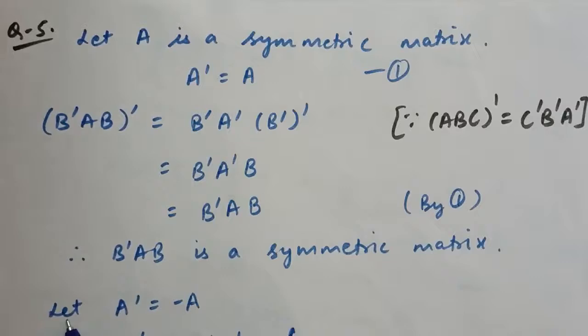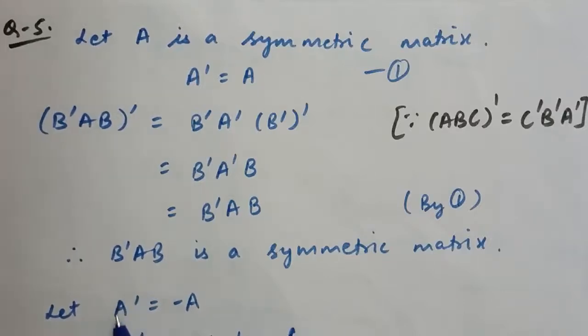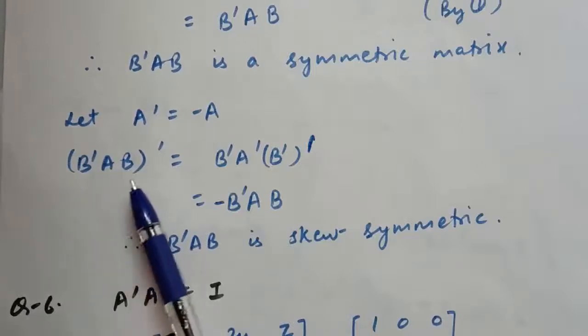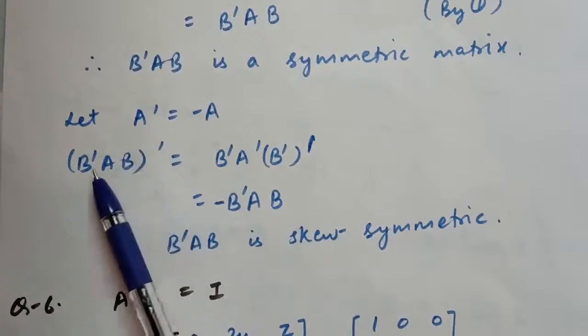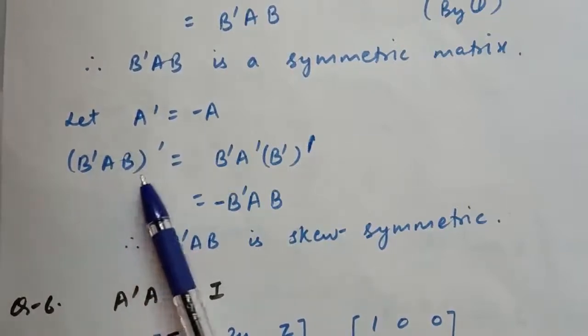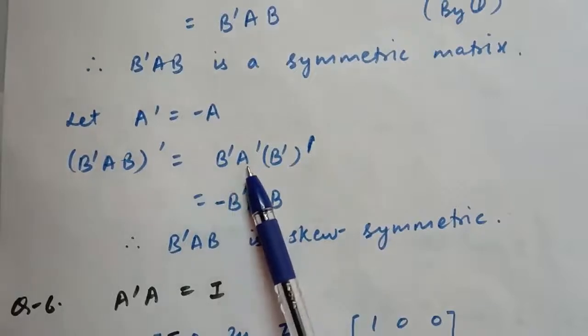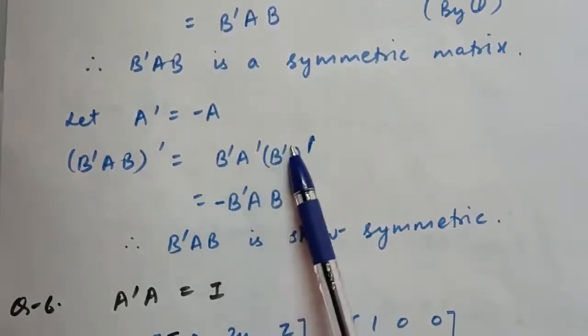Now let A be a skew symmetric matrix, that is A transpose is equal to minus A. Now to show B transpose AB is also a skew symmetric matrix, for this take the transpose of B transpose AB, which will be equal to B transpose A transpose and transpose of B transpose.